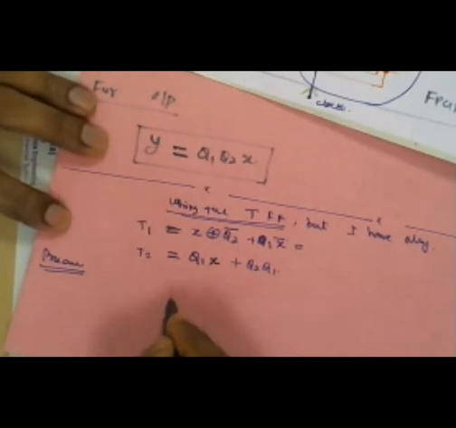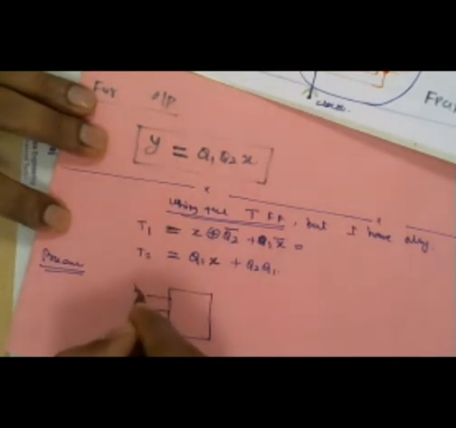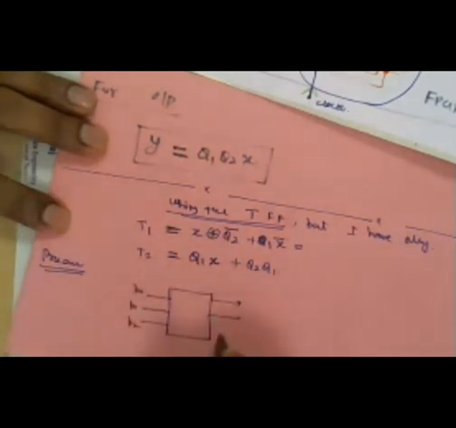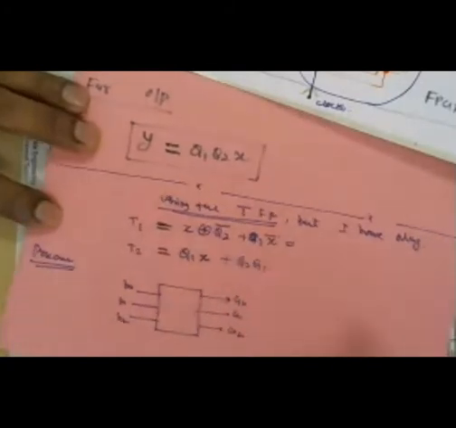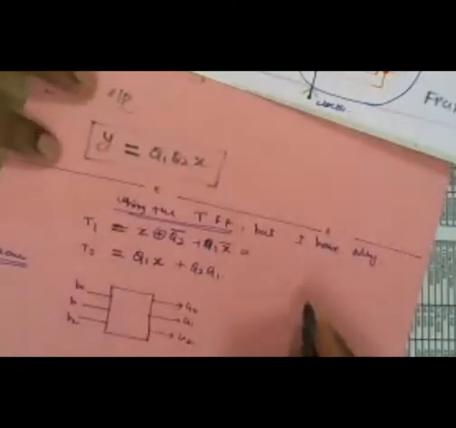So it is something like this now. There are 3 bits, B0, B1, B2, and then you will be getting your G0, G1, G2. You know the logic also.